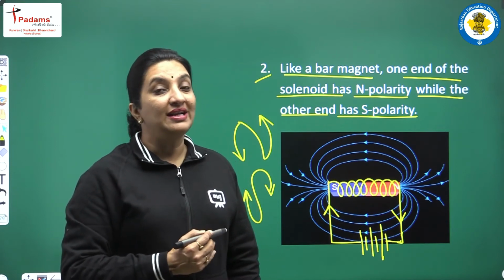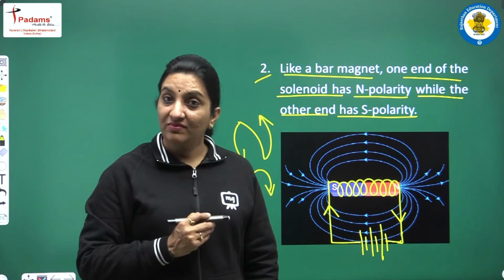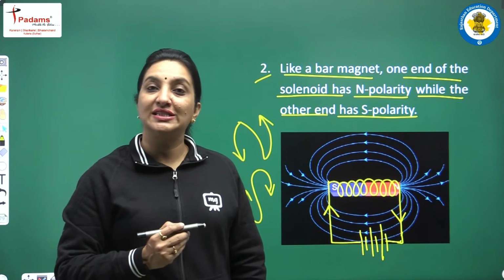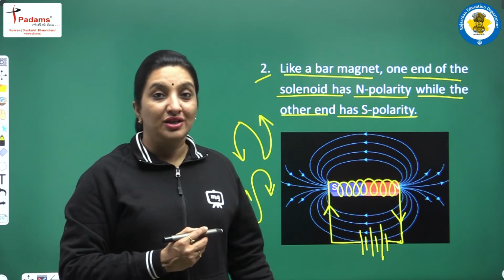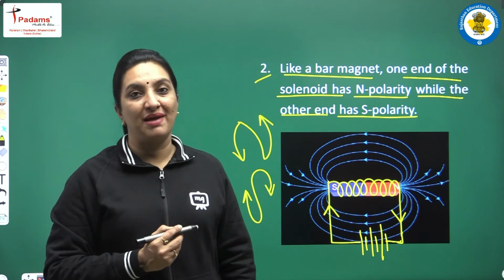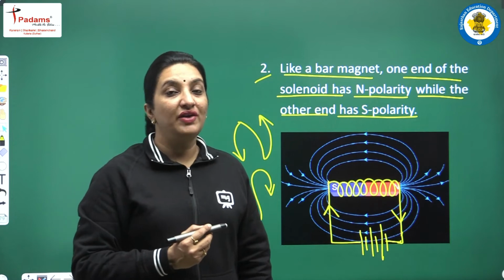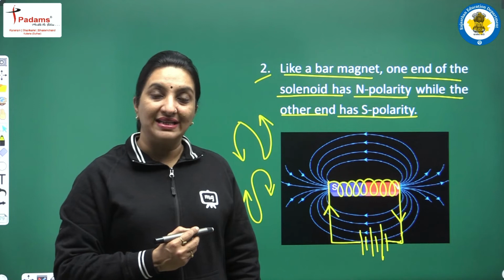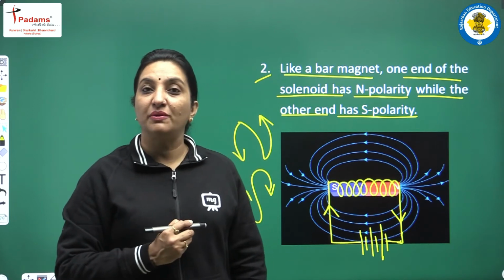Now moreover, the next part is, they have asked that whether we can find out the north and south polarities of a solenoid with the help of a bar magnet. Now here students, we will use the attractive property of a magnet. What is the attractive property of a bar magnet?